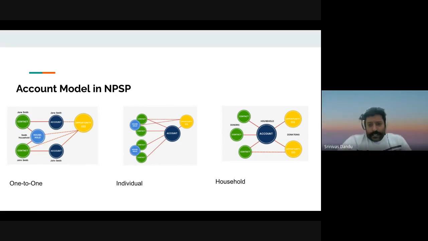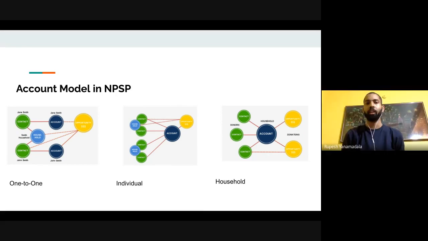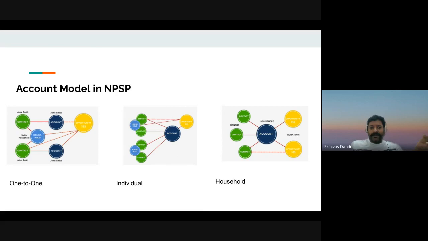Just to make my understanding clear, in the household account model, every time a contact donates money, a different opportunity gets created and you can relate that opportunity to that particular contact. But in the individual and the one-to-one models, the relationship cannot be established between that opportunity and the contact who donated.